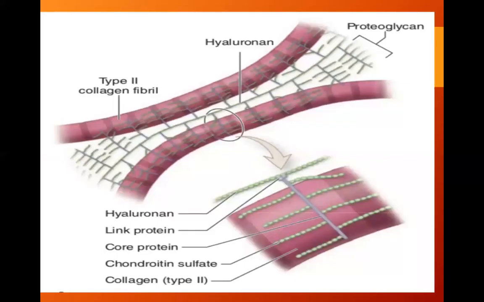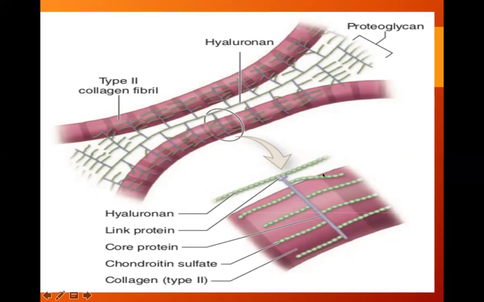Okay, this one is taken from Junqueira. Now, this one is your type 2 collagen fibril. Actually, kapag cartilage type 2, pag type 1, collagen of bones. Okay, so this is the hyaluronan link protein. Where else? The core protein, and this one is the collagen type 2, and this is an example of your chondroitin sulfate.